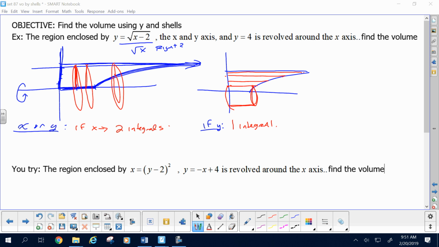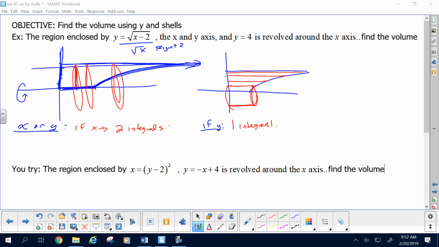Students always get this confused. They think, should I use discs, or shells, or washers? You don't decide that first. You say, which variable is the easiest to use in terms of number of integrals and equation, and then based on what that revolution looks like, that decides shells. One integral is easiest, so we're going to use y, which means shells.